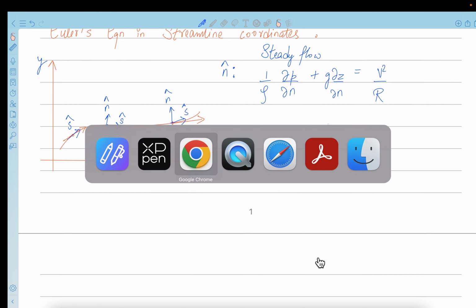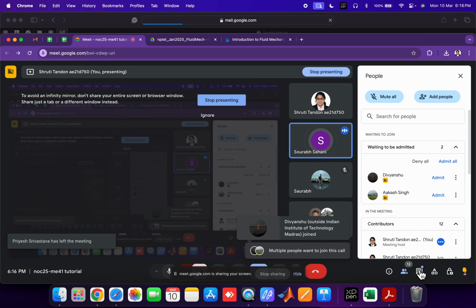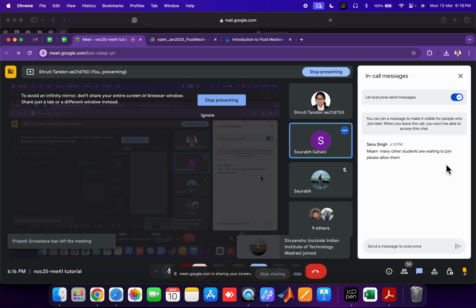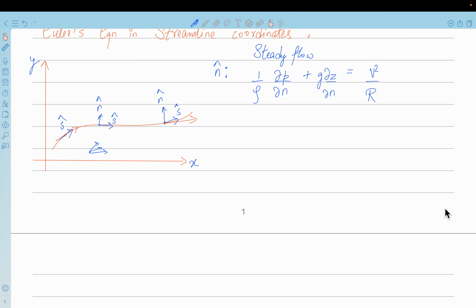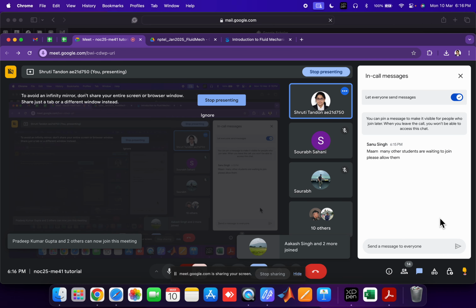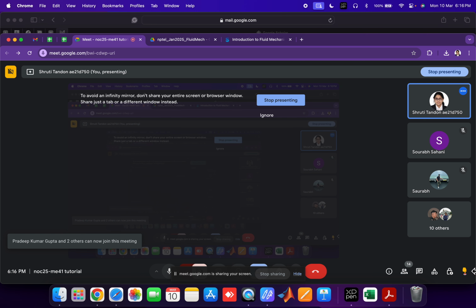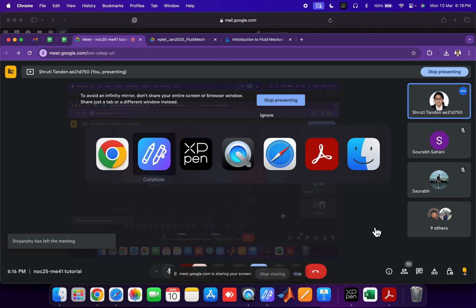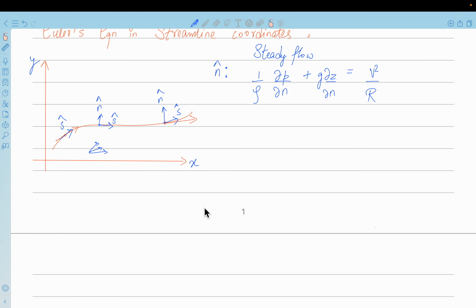Is there a question? Okay, properties do not change with respect to time. I hope everyone has been able to join now. Yeah, so that is steady flow. So any time derivative becomes 0, right? So here in this equation you see there is no time derivative.